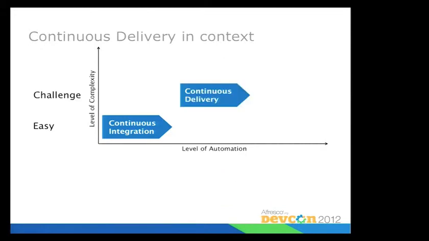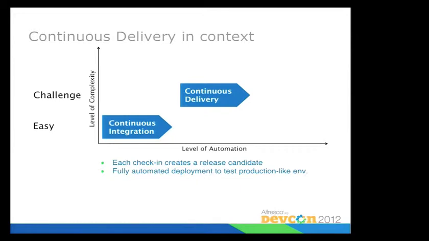Yeah? Continuous delivery takes that to another level. So as I said, each check-in creates a potential release candidate. So something that you know can be deployed. So it is a fully automated deployment to a production-like environment. And most of the time, this is what you should aim for, a push-button deployment to the production environment. So this is typically not done automatically.